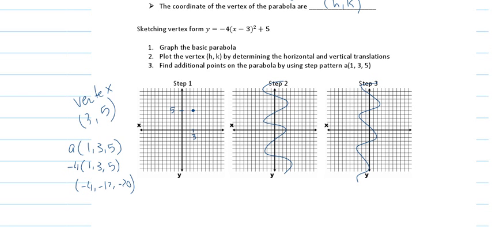Okay? So from the vertex, how would I go first? What do I do? Negative 4 down. So go down 4 over 1. Okay? So you're going to go down 4, so you're going to count 1, 2, 3, 4, and then you're going to go over 1 to each side. So that's 1 to this side and 1 to this side.